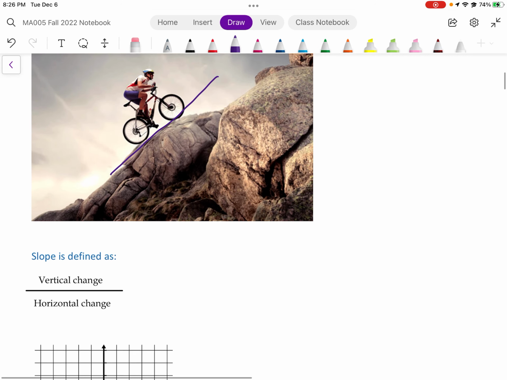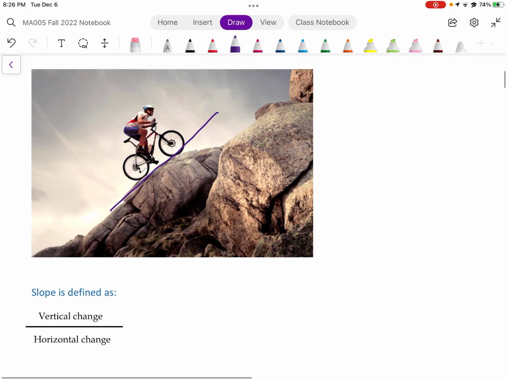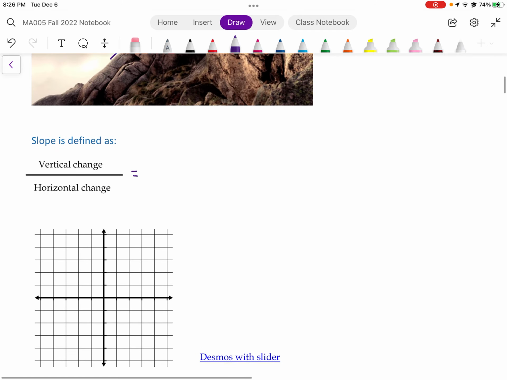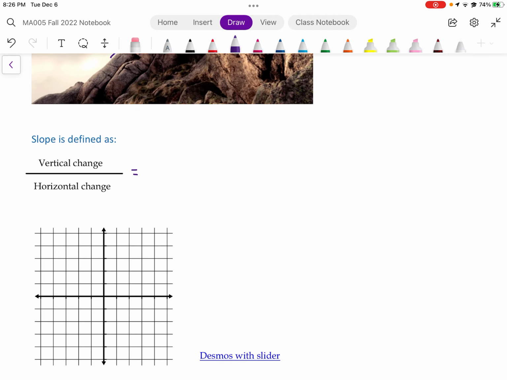So slope is defined as vertical change over horizontal change. In other words, remember if you're looking at a graph, the vertical is here, and that is y. And this is the horizontal, and that is x.